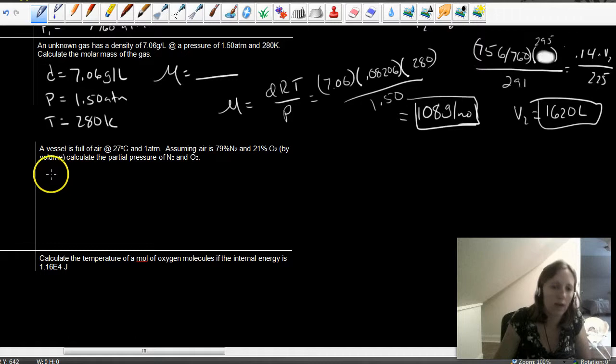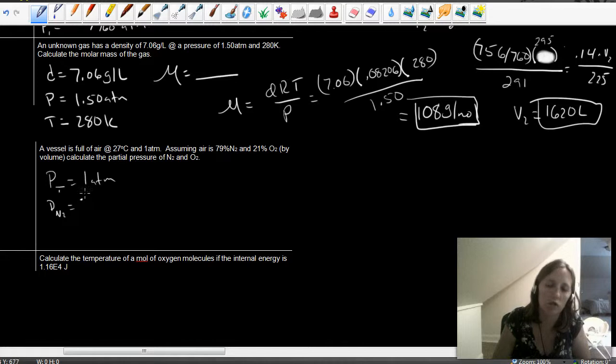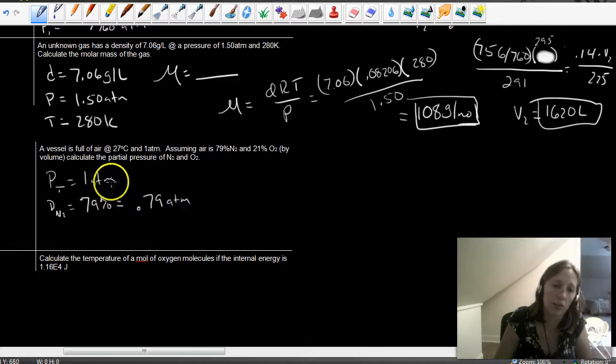So we have a pressure that is total 1 atmosphere. And the pressure of nitrogen is being contributed based on how much nitrogen there is, not the fact that it's nitrogen. 79% of the pressure is due to nitrogen, and so that's going to be 0.79 atmospheres out of the 1.